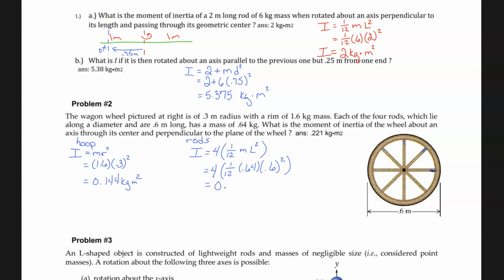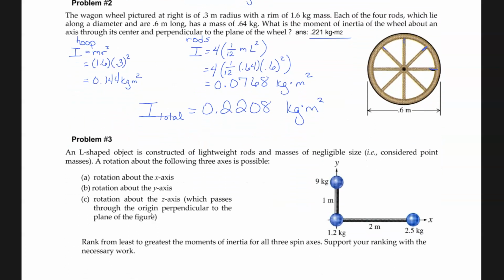So this is going to be 0.0768. And if I add those two together, I get the total moment of inertia is 0.2208 kilograms meters squared. So that's how we can find if we have a shape that's slightly unusual, doesn't match what we normally expect, we can go and break it down piece by piece.